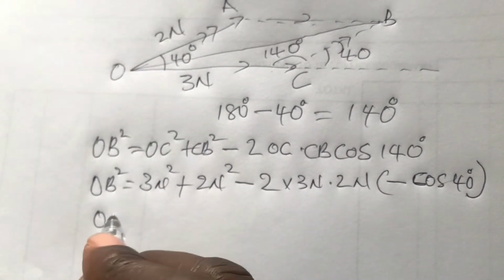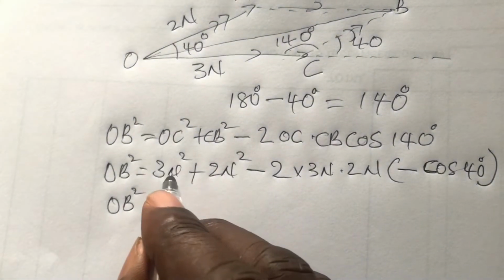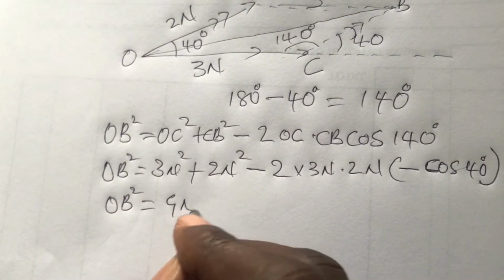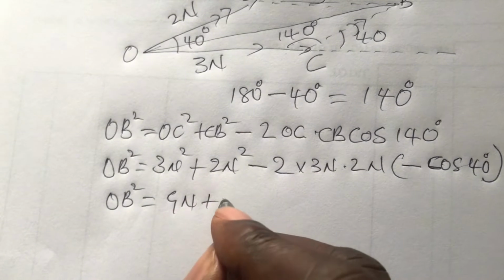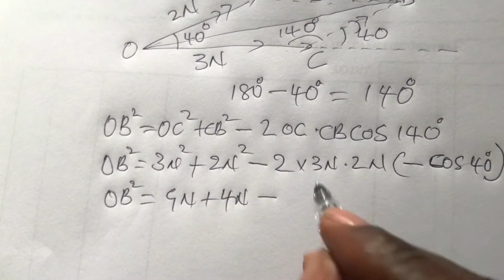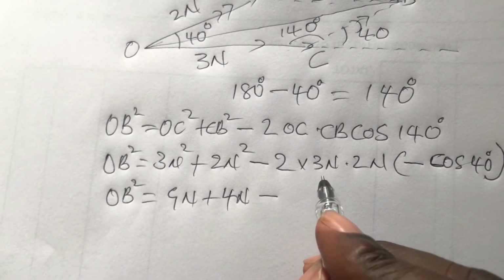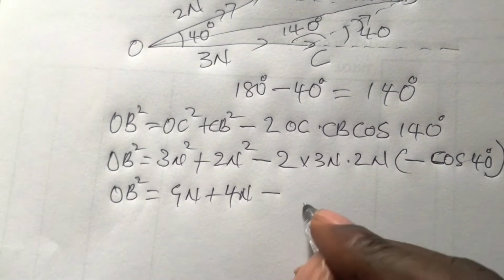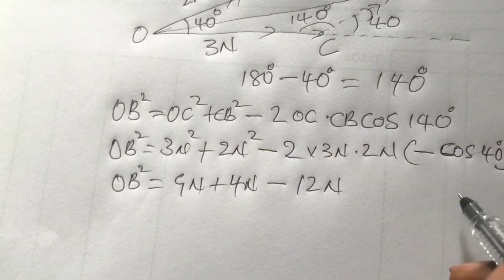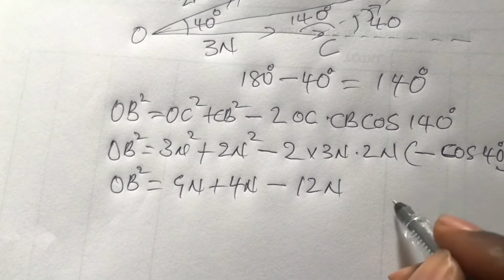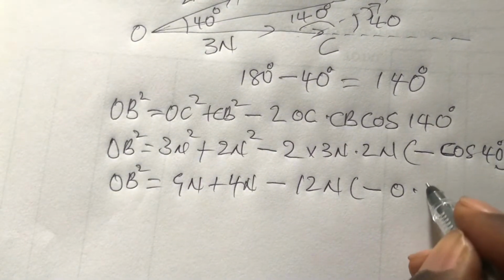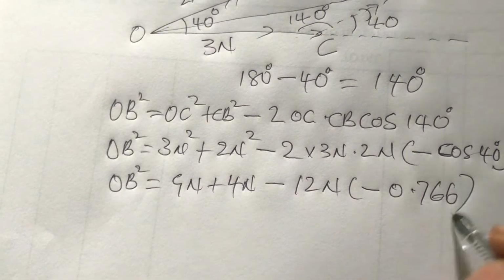So this will be OB squared: 3 Newton times 3, 9 Newton, plus 4 Newton, minus 2 times 3, 6, times this, 12 Newton, cos 40 degrees, minus 0.766.